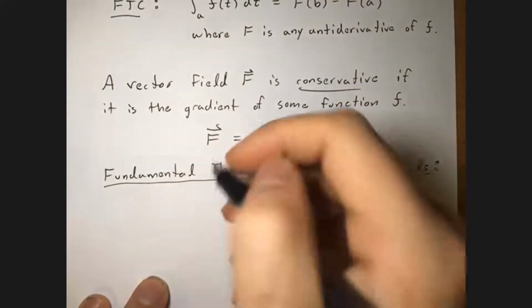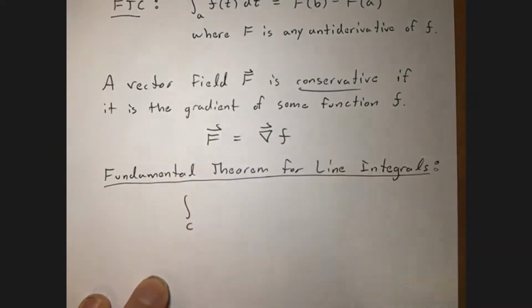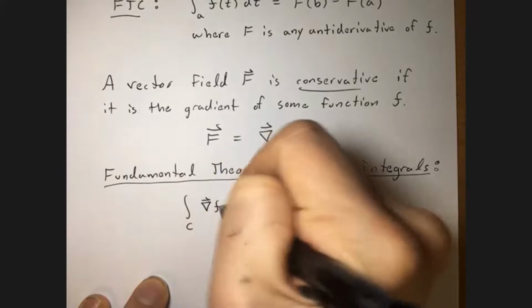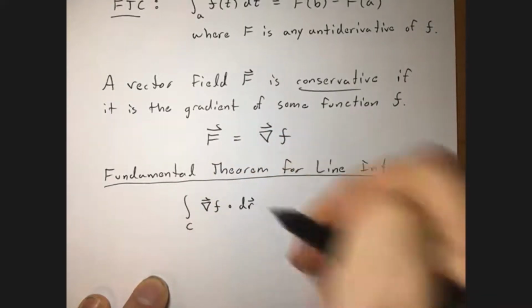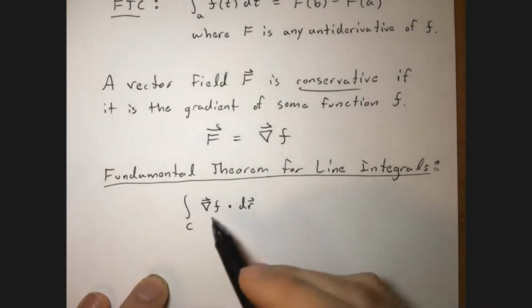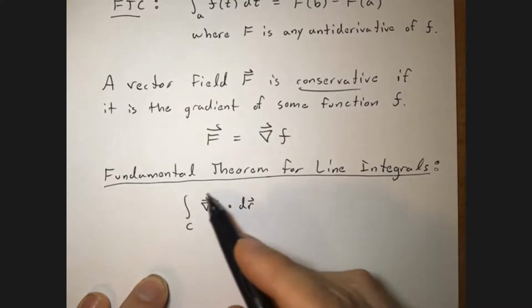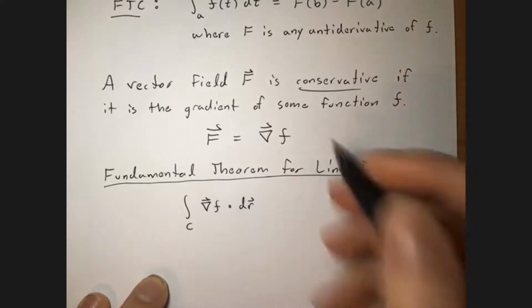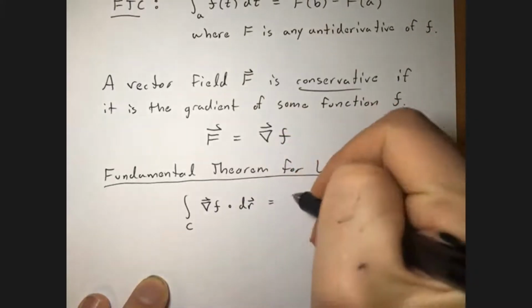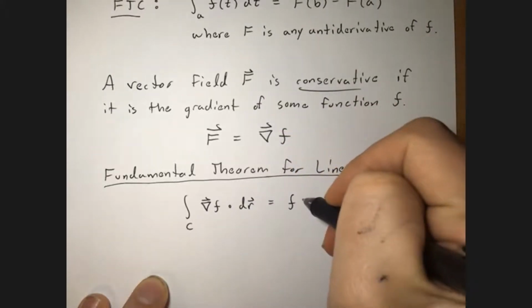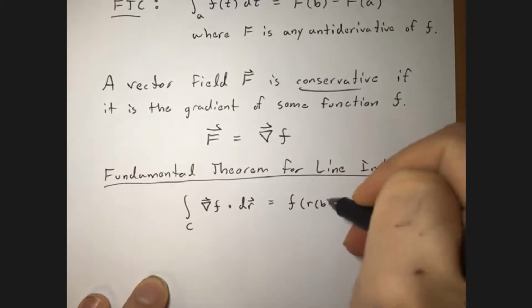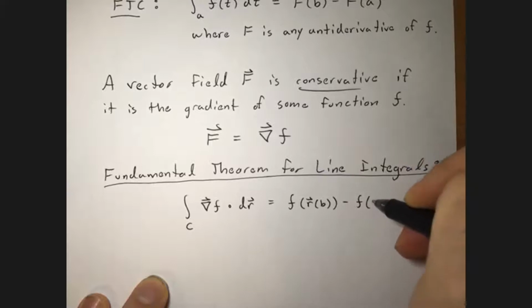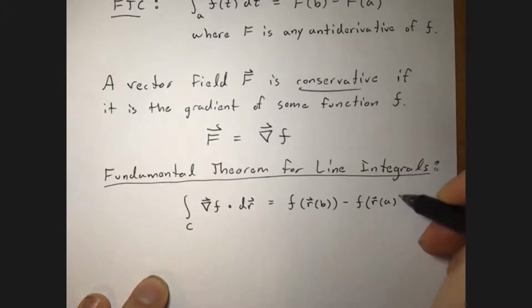It says that if you take the integral over a curve of the gradient of a function dotted with dr, so this is a line integral, we have a vector field and we're dotting it with dr, then that is equal to f of r of b minus f of r of a.